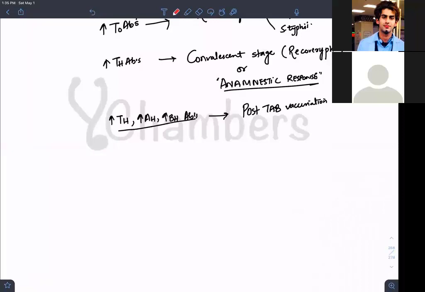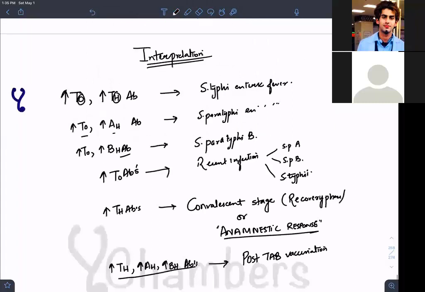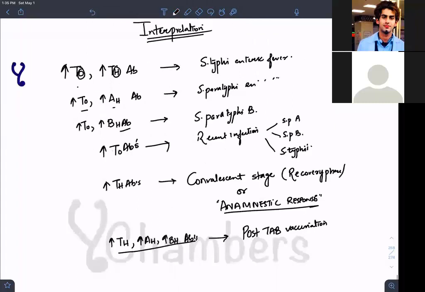Now, did you understand the Vidal test? There is nothing to explain in this test because you yourself got it. You have to just play with the O antigen and H antigen.